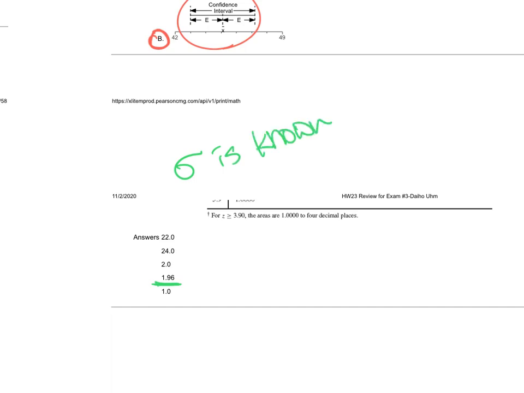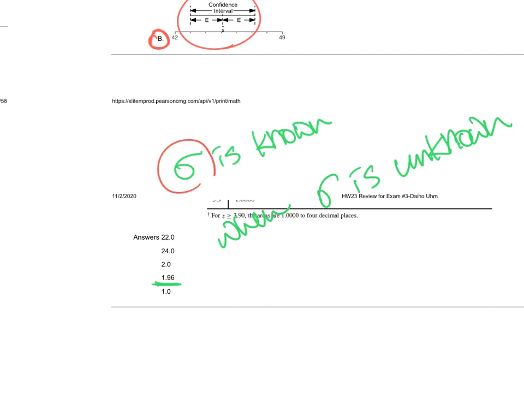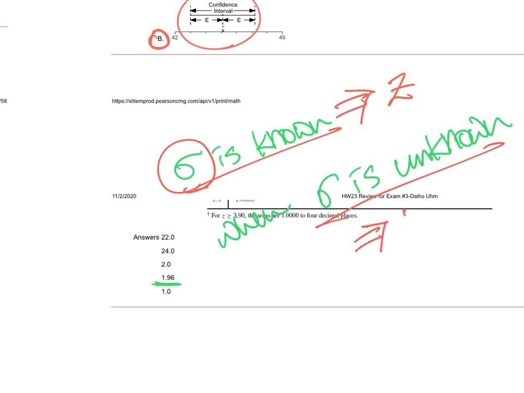In chapter 8, the second topic is when sigma is unknown. When sigma is known, we use the z-score. But when unknown, we have to use the t-score as the critical value.